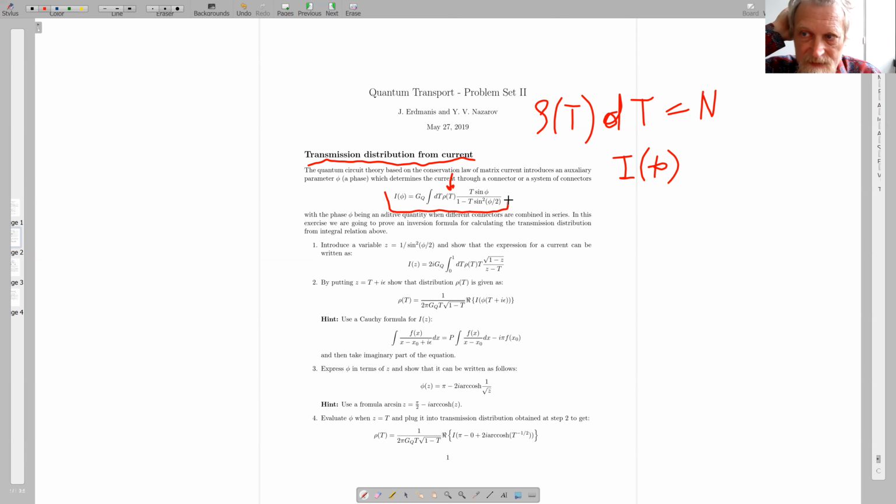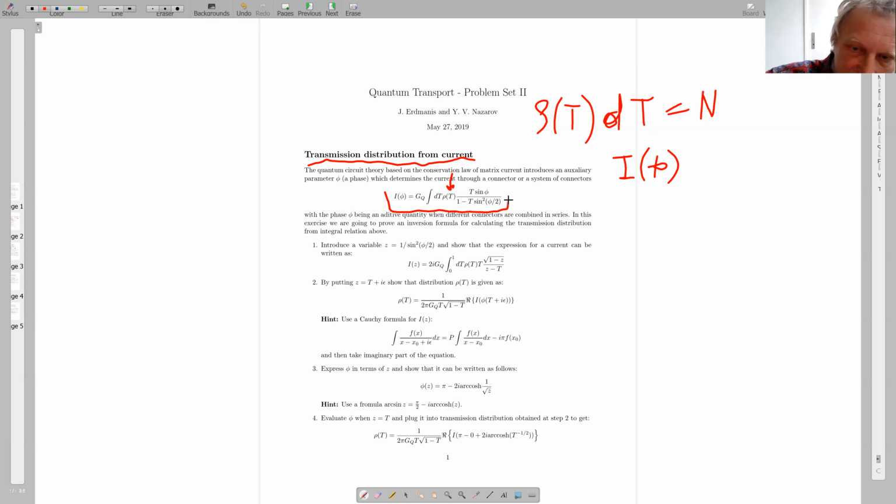So it is necessary, or at least handy, if there is some way to revert this formula and to obtain the transmission distribution from the current-phase characteristics.